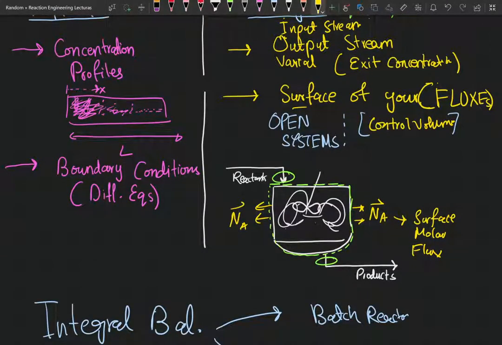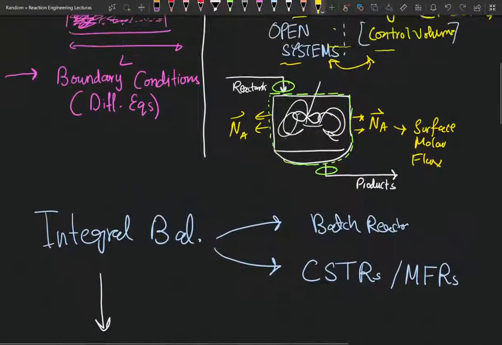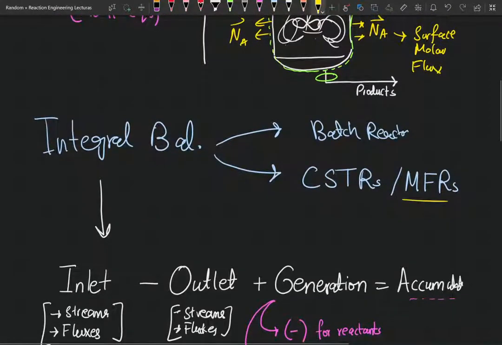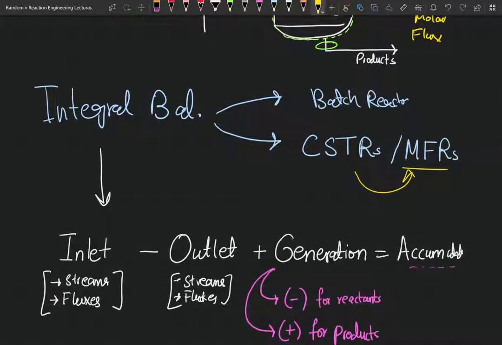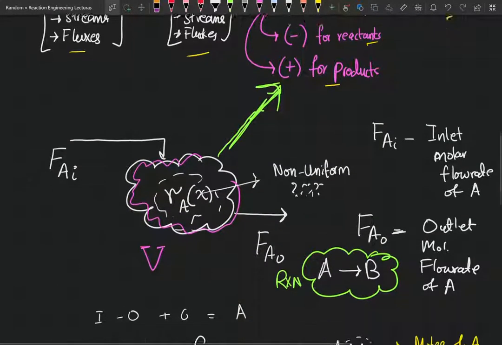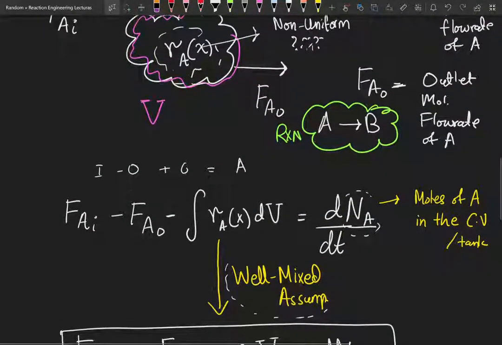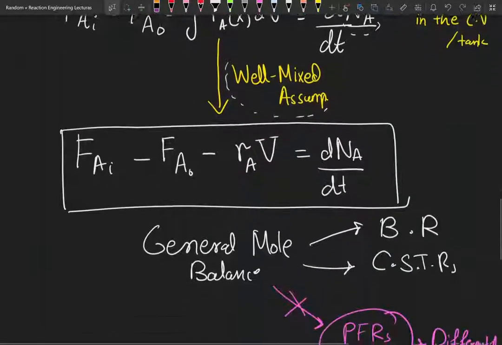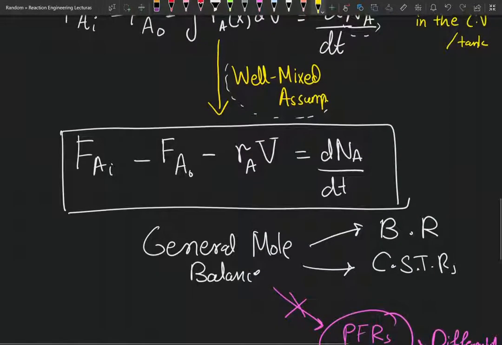An open system and control volume are used interchangeably in a lot of textbooks. Integral balance is used for batch reactors and CSTRs, also known as mixed flow reactors. Inlet minus outlet. A goes to B reaction, and this right here is the well mixed general mole balance.